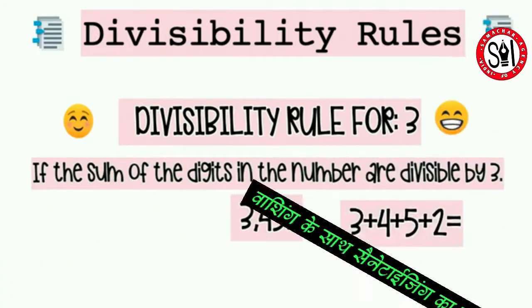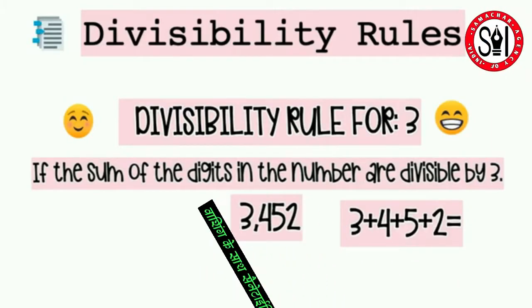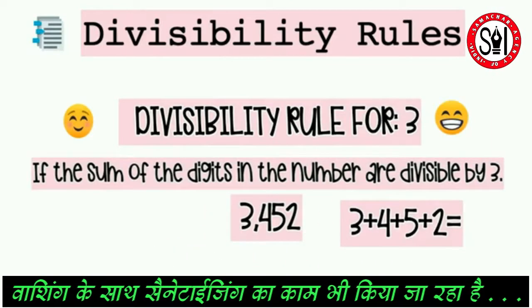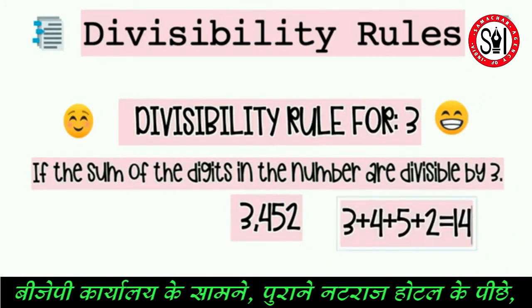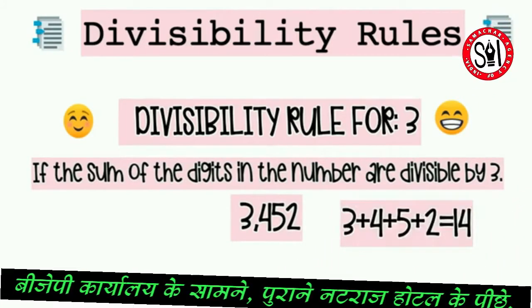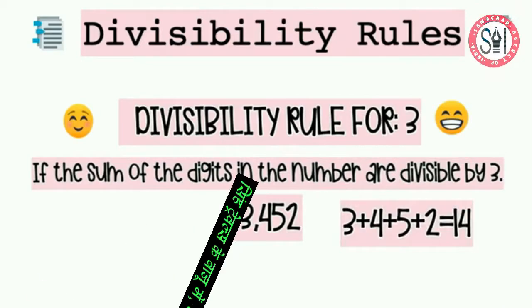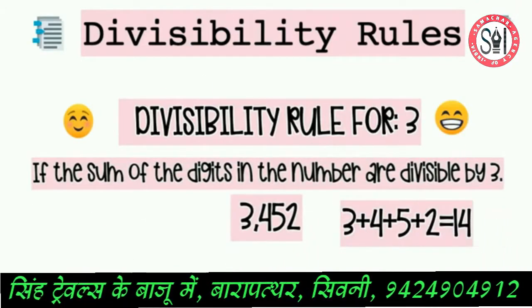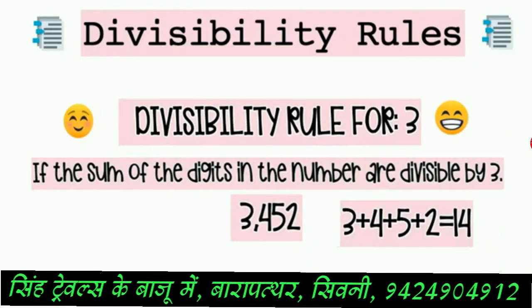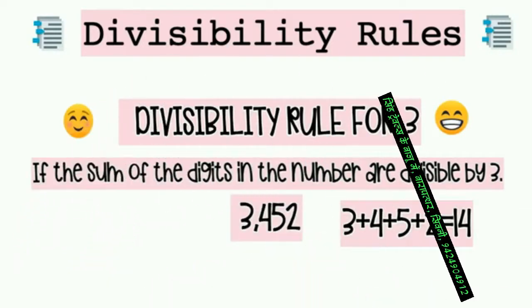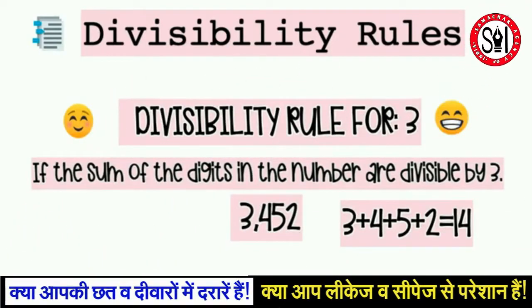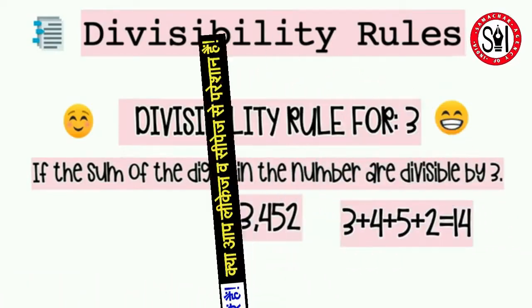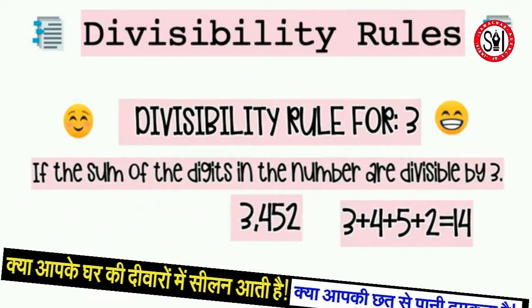So we'll have 3 plus 4 plus 5 plus 2, and it's equal to 14. If you know your division facts, then you know that 14 is not divisible by 3. So therefore, 3,452 is not divisible by 3.